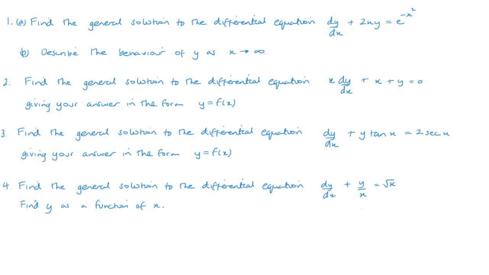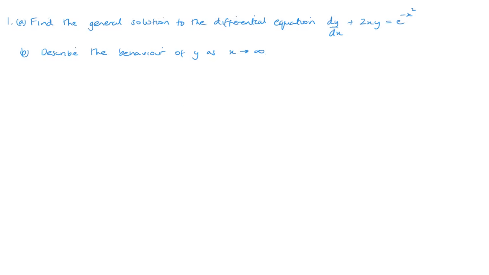Okay, hopefully you've had a chance to have a go at these questions. Let's run through the solutions. Okay, so part A, first let's find the integrating factor. So e to the power the integral of P dx.